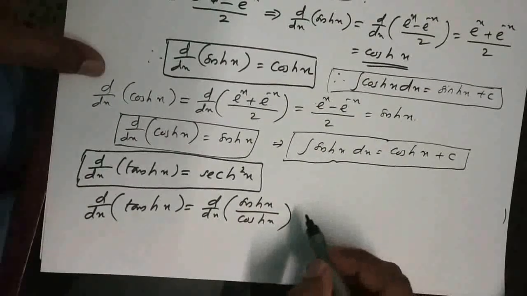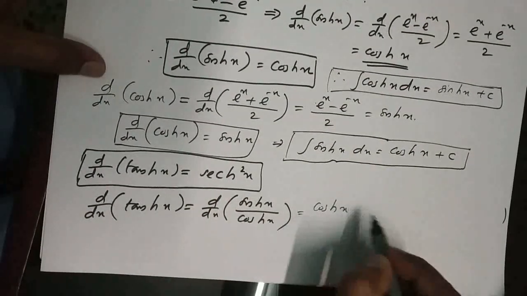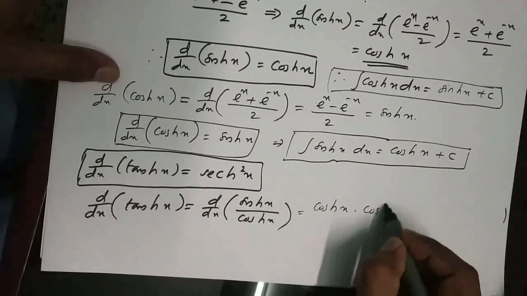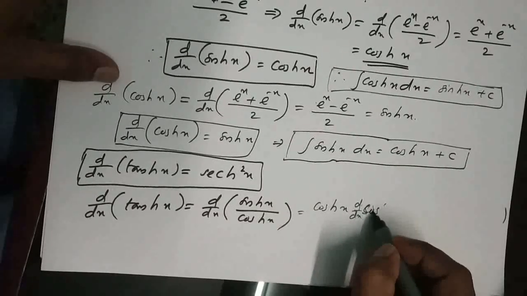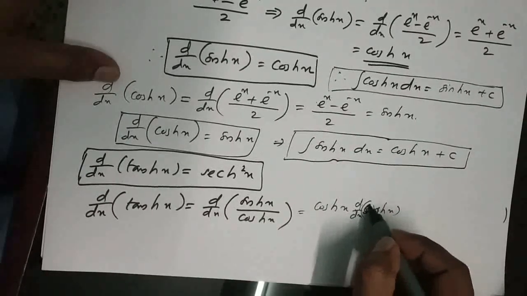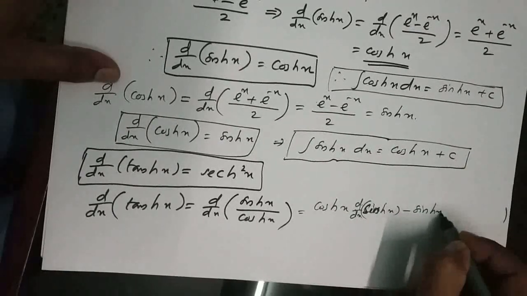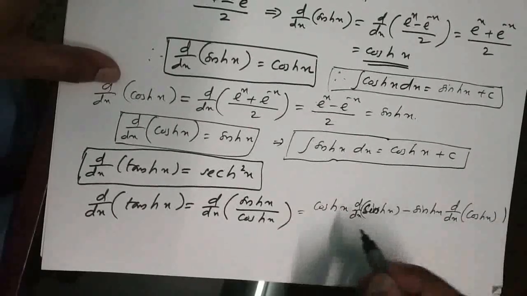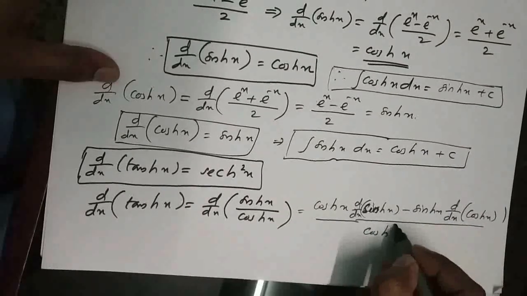We know that by the quotient rule this is equal to cosh x into the derivative of sinh x, which is cosh x, minus sinh x into d by dx of cosh x, all divided by what? Cosh square x.